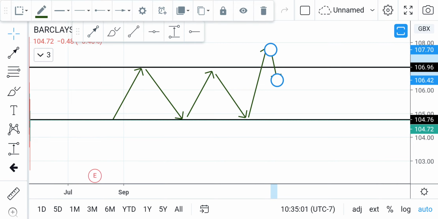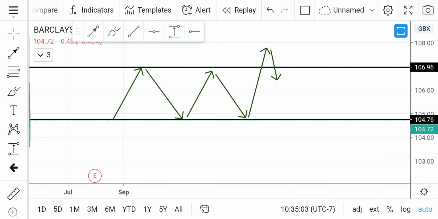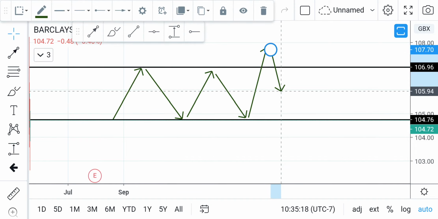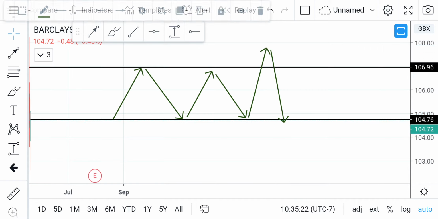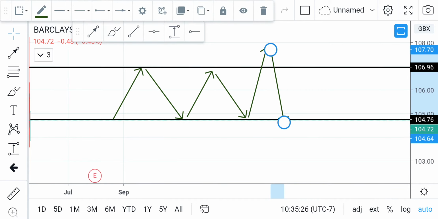So that's a false breakout. You call it a false breakout because the price went above resistance, and the next candle or the next 2 or 3 candles came back below resistance and probably took the price lower.